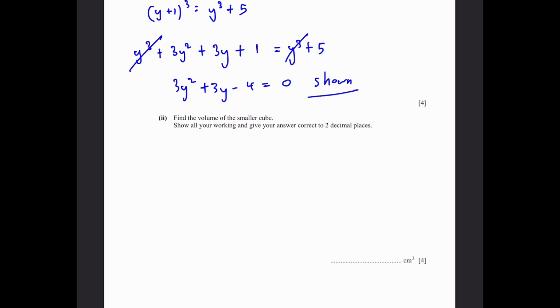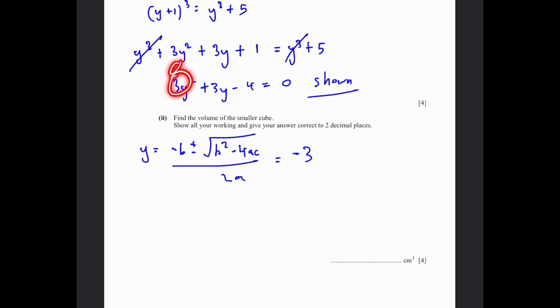2. Find the volume of the smaller cube. Show all your working and give your answer to 2 decimal places. So now let's solve this equation first. Let's use the quadratic formula. So y is equal to minus b plus or minus root of b squared minus 4ac, all over 2a. That'll be equal to minus 3, because positive 3 is b.